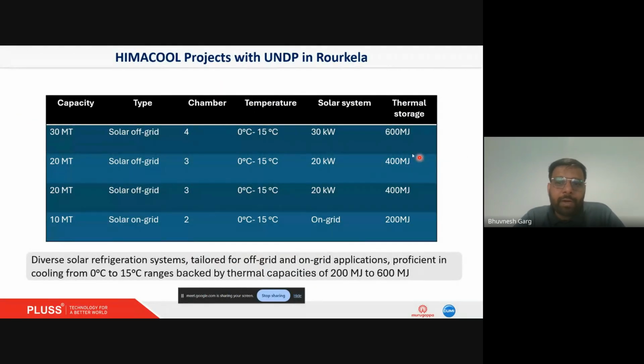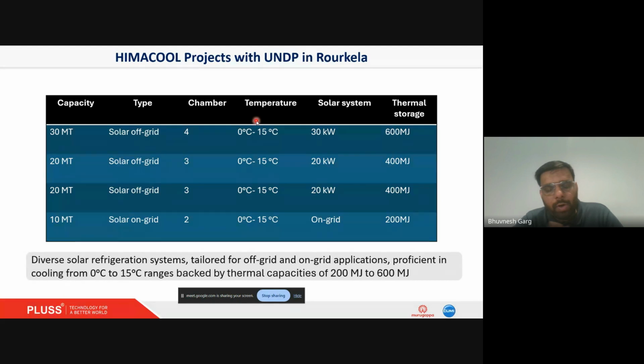And we have done certain projects with UNDP also, United Nations Development Programme, where we have given a 30 metric ton capacity solar cold room, then 20 metric ton and 10 metric ton also. The temperature was maintained at 0 to 15 degrees. See, these cold storages are customizable as per your requirement.